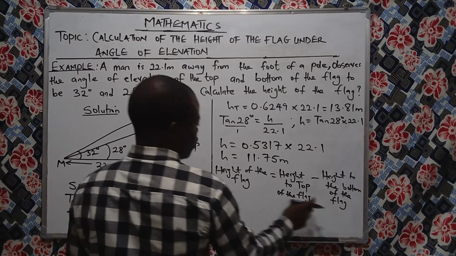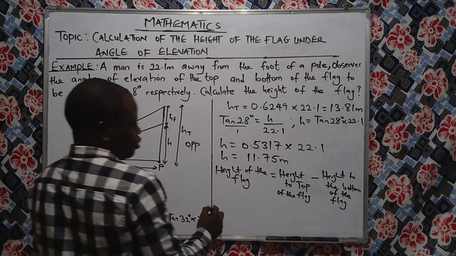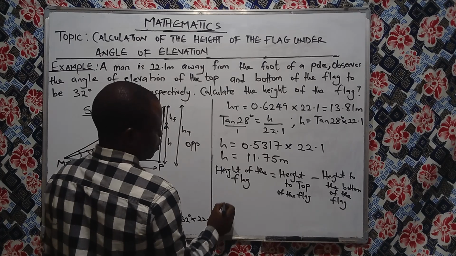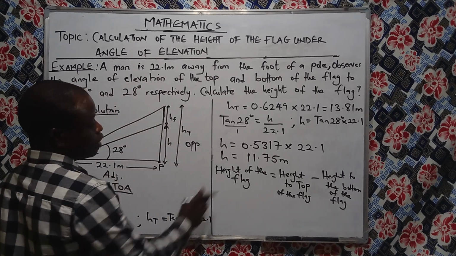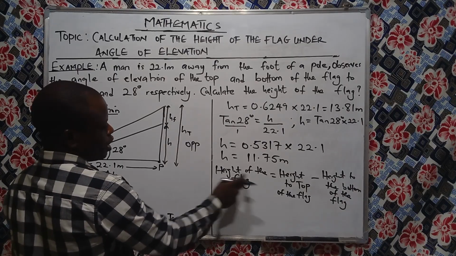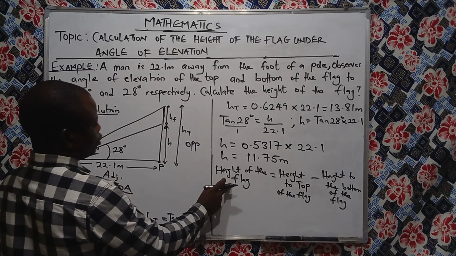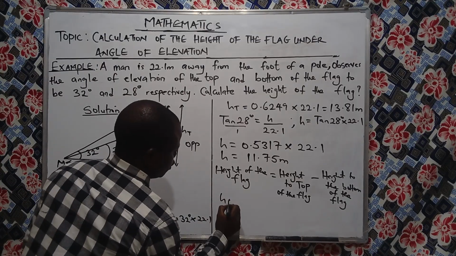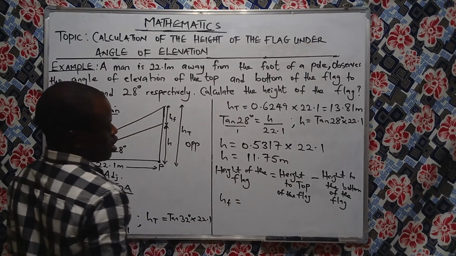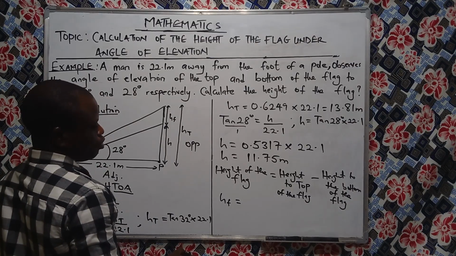What do you use to represent height of the flag? HF. HF equals height to top.